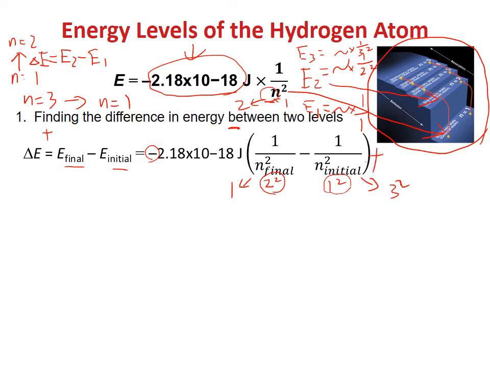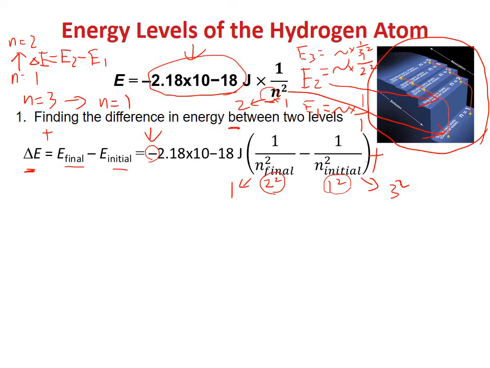This gives you a positive number, but you have a negative sign here, so that gives you a negative delta E. Negative delta E means energy is released. So if the hydrogen atom goes down from n equals 3 to n equals 1, it must release energy as light, it emits a photon.